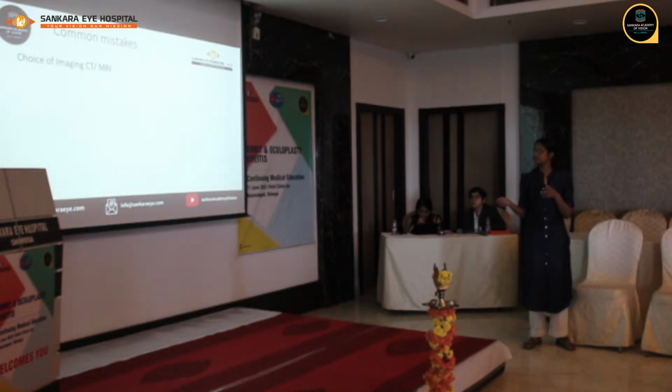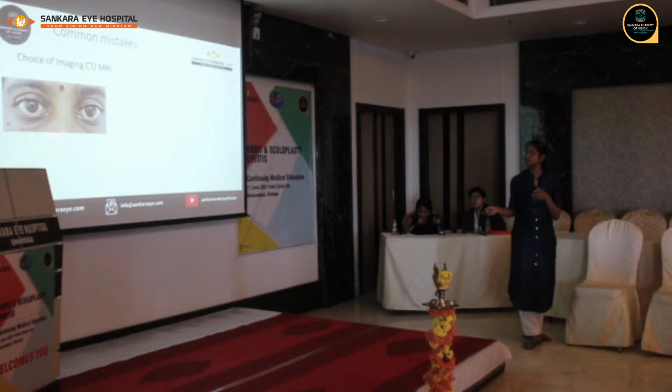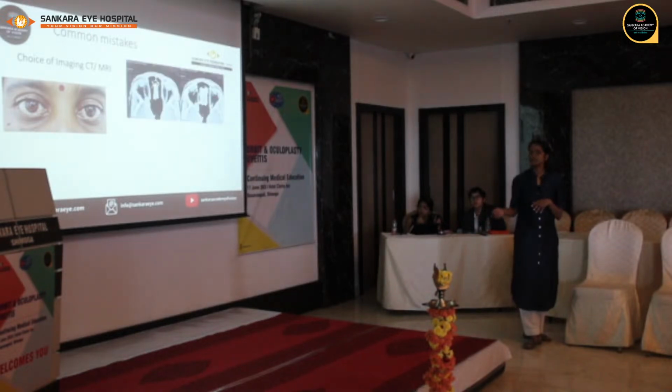And the choice of imaging, whether we need to go for a CT or an MRI. This lady again presented with diminution of vision in the right eye. She had no other complaints. Somebody had already given her a CT and she had already got a CT scan.